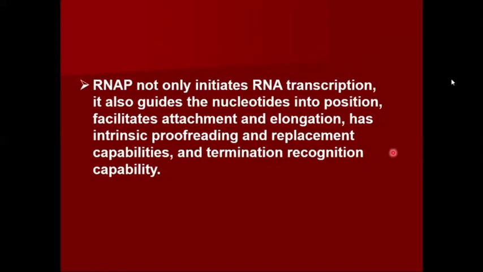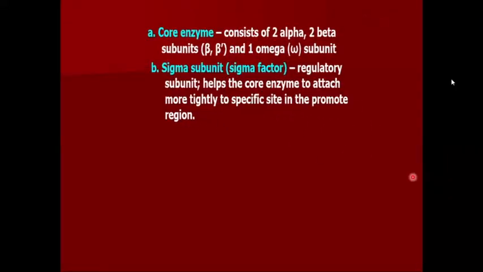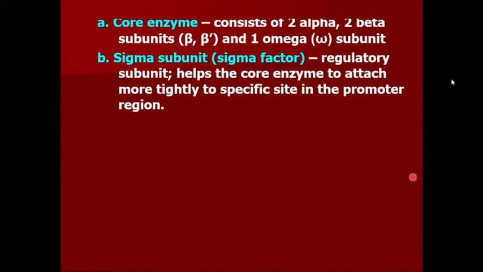Okay? So RNAP not only initiates RNA transcription, it also guides the nucleotides into position, then facilitates attachment and elongation, has intrinsic proofreading and replacement capabilities, and termination recognition capability. Okay? So what is the core enzyme made up of?